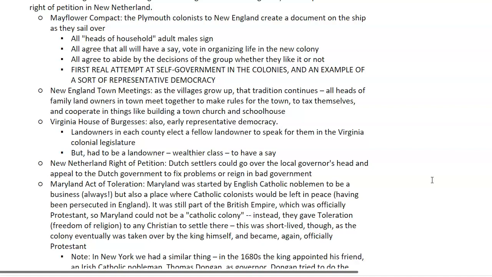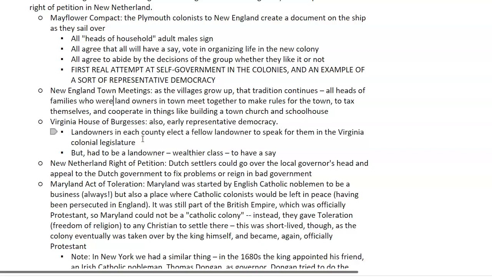All the heads of families who were landowners in town meet together to make rules for the town, to tax themselves and cooperate in things like building a town church and a schoolhouse. So it kind of follows on from that.